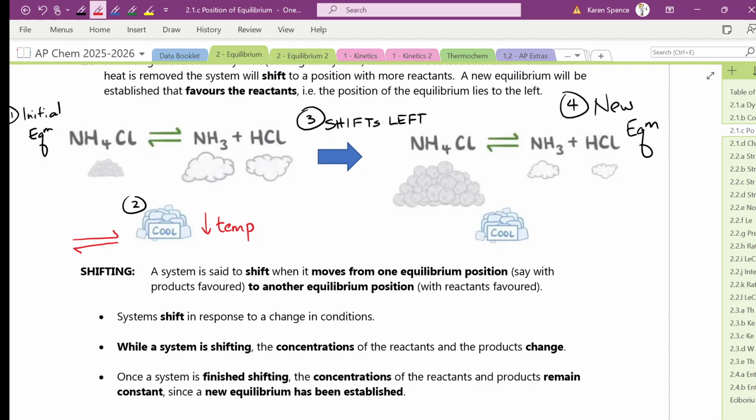The reverse rate. But it doesn't mean it's faster than it used to be. It means it's faster than the forward rate, but it is still slower than it was before, right? And then the forward rate is even slower, right? And we end up then with a forward rate and a reverse rate that are both smaller than before.